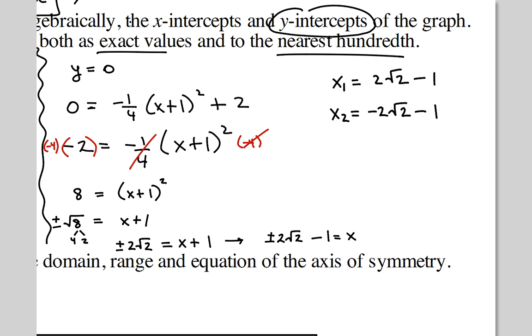And then you just pop it into your calc, which I don't have. Of course I got one. So we'll go negative 2 square root 2 minus 1. It said nearest hundred, so 3.83.